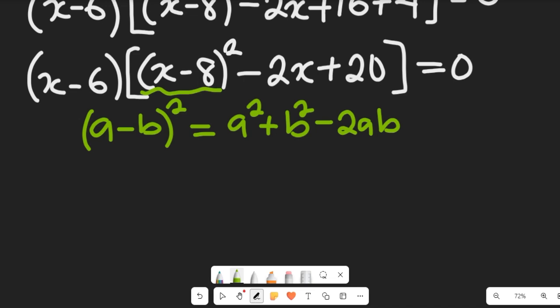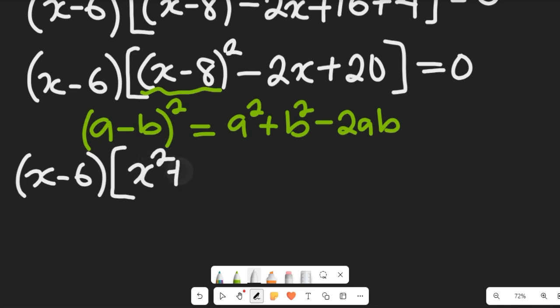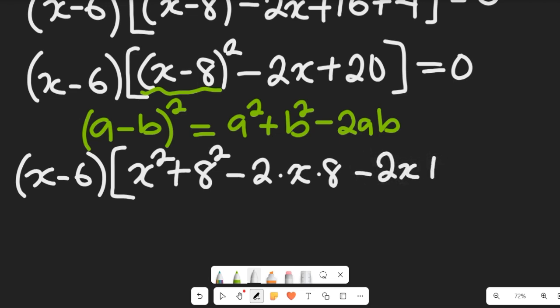So if we use that to expand, we now have x minus 6 times the expression, where a is x, that will give us x squared plus 8 squared, minus 2 multiplied by x multiplied by 8, and then minus 2x, plus 20, and all these will be equal to 0.